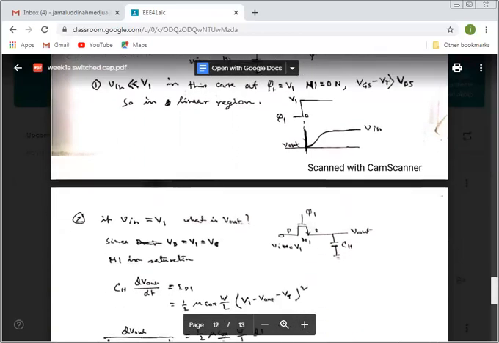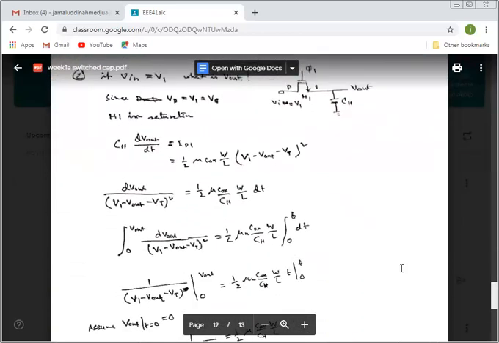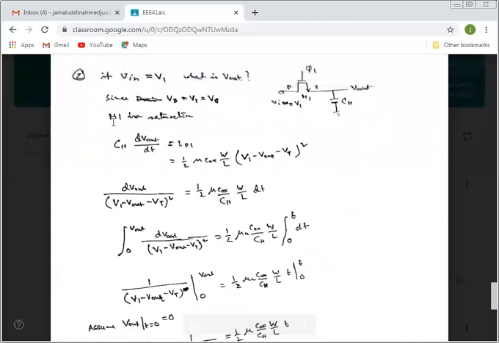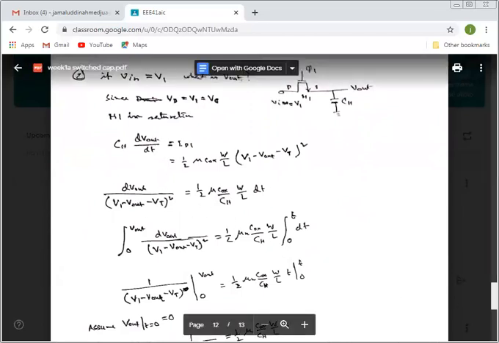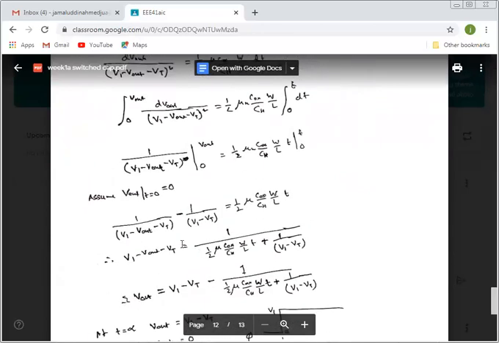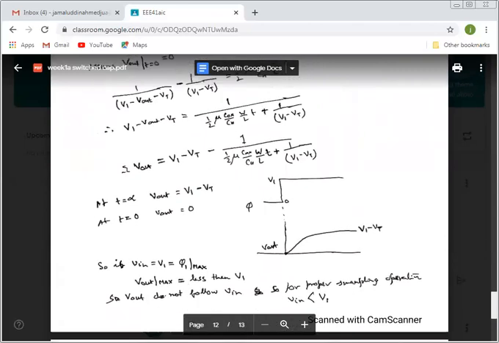If V in and V1 are the same, then M1 is in saturation. If M1 is in saturation, we get this relation, and from this relation if we integrate, we will get the maximum V out, which will be V1 minus VT.